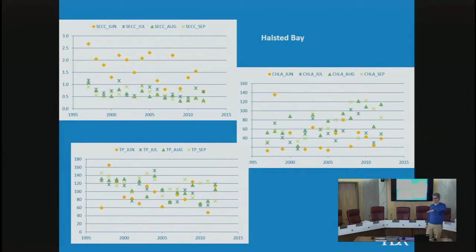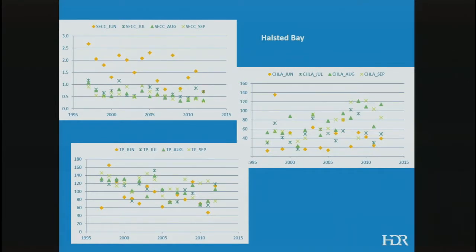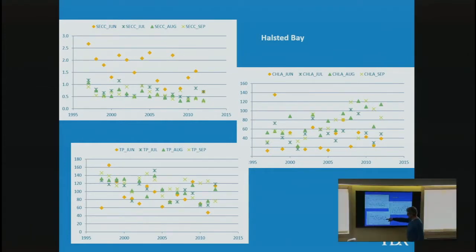So you still have a fairly large amount of phosphorus in the water. For example, here in Halstead's Bay, we're talking about still really eutrophic conditions. You're around 150 parts per billion. Now you're down to 100, recently.